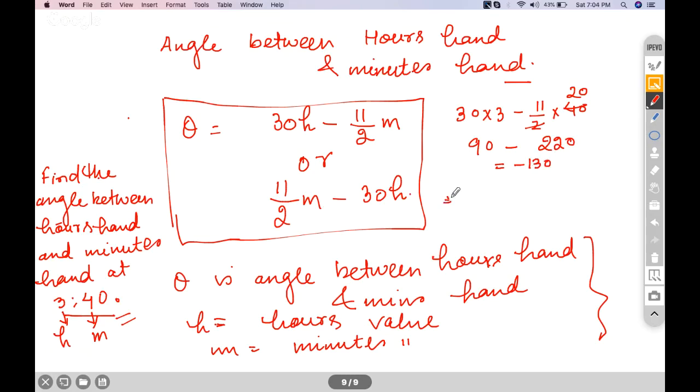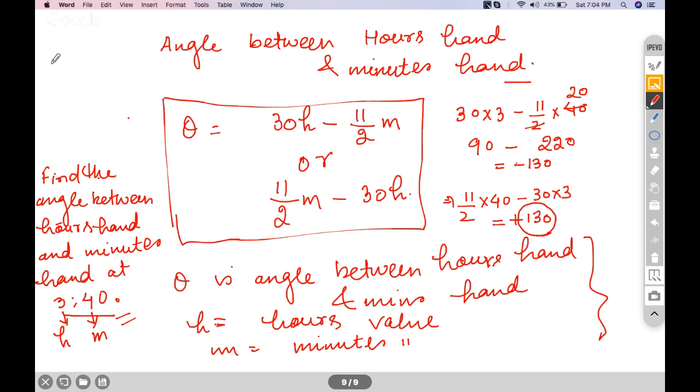And if I use the other one, 11 by 2 into 40 minus 30 into 3, it is equal to plus 130. So which one to accept, minus 130 or plus 130? You can accept any one. If it is coming out to be negative, ignore negative.